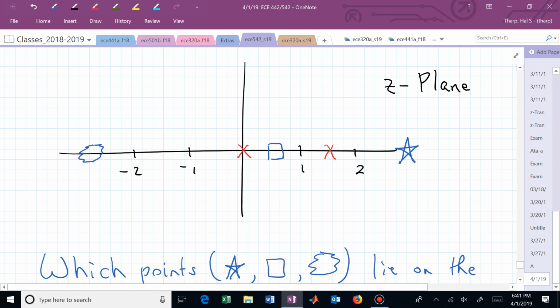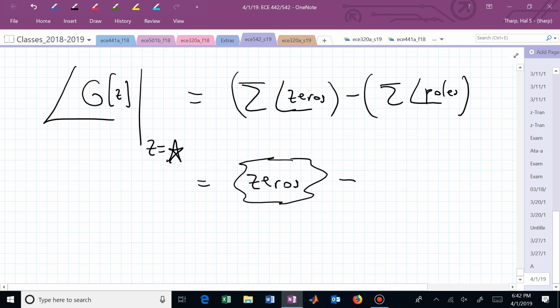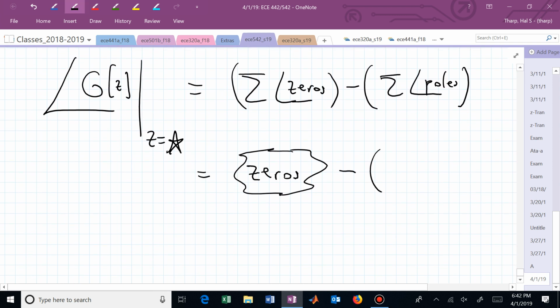Is everybody okay with that? What if I move to the origin and I look to the star? What's my angle? 0. So now I can say this is 0 degrees plus 0 degrees, and I have nothing contributed by the zero factors, minus nothing.